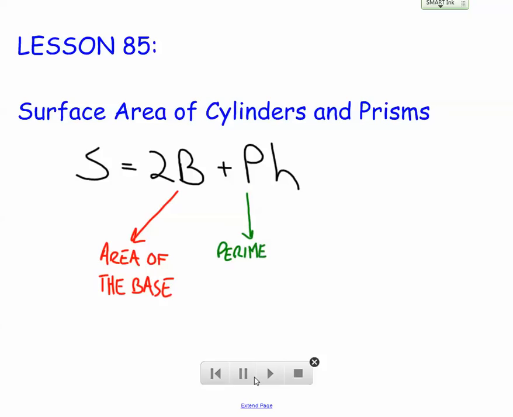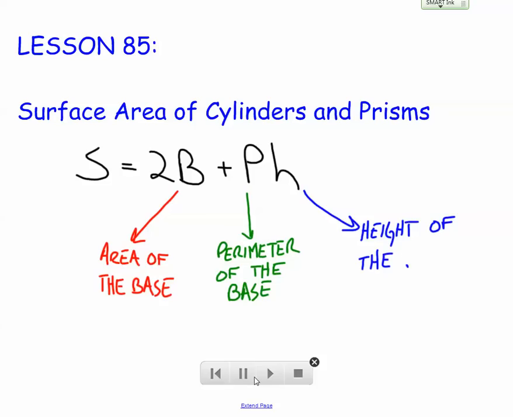And then the P is the perimeter of the base. And the H is the height of the prism, so the distance between the two bases, the distance between those two congruent polygons or circles on the top and bottom of the prism or cylinder.